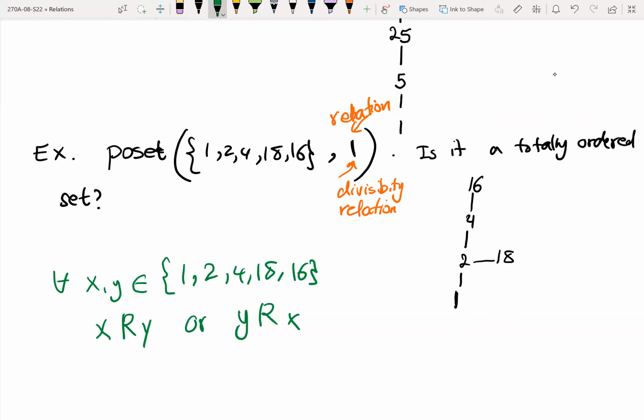So this is not a total order, right? This is not a total order because I have one counterexample, 4 and 18, and they are not related.